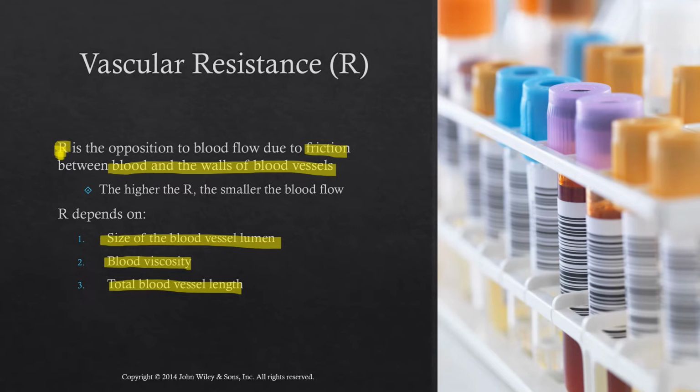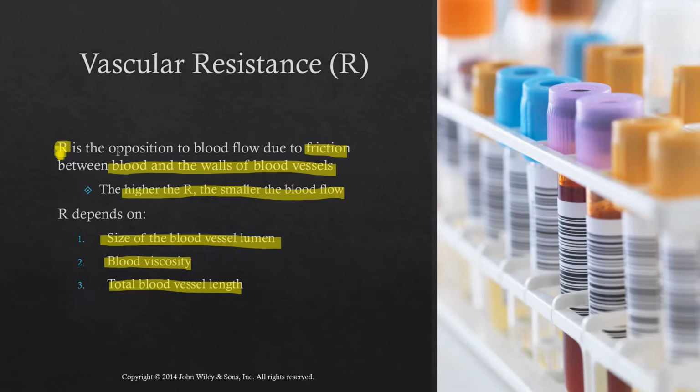Also, the higher the vascular resistance, the smaller the blood flow. So the more friction and higher resistance that we get, the less blood is able to flow. So the smaller the lumen of a blood vessel, the greater its resistance to blood flow.